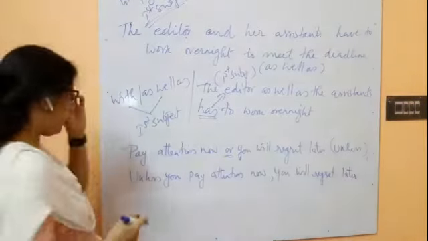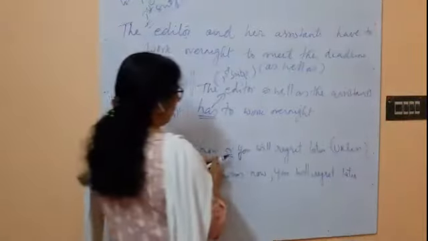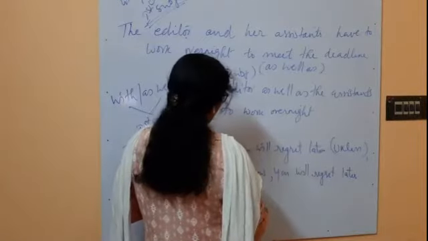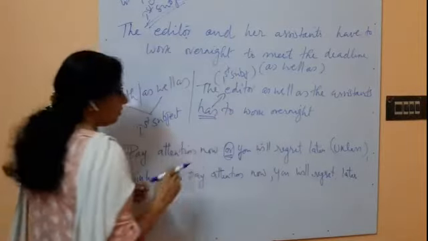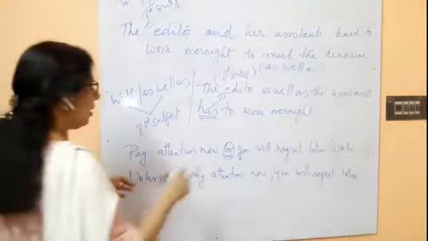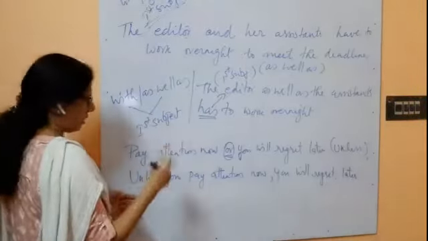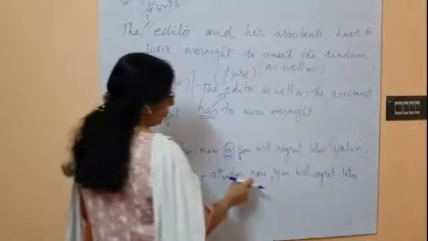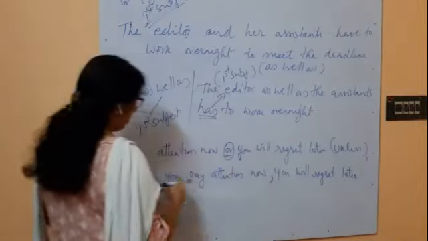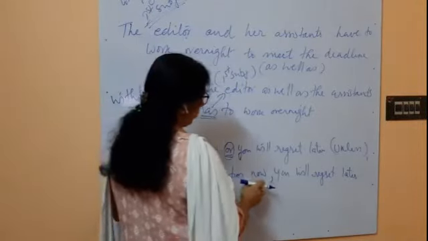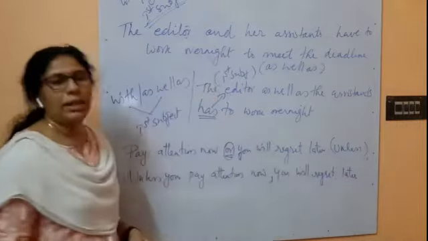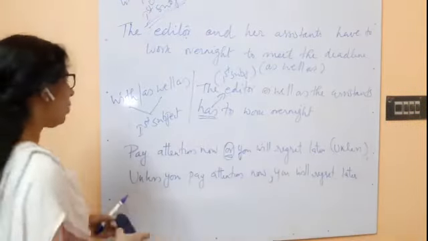"Or" is a conjunction that we have used to combine "pay attention now or you will regret later". So this is also a correlative conjunction example. And next, by "unless", when you are combining, "unless" is a word-related conjunction: unless you pay attention now, and put a comma, don't forget to put the comma, unless you pay attention now, you will regret later.